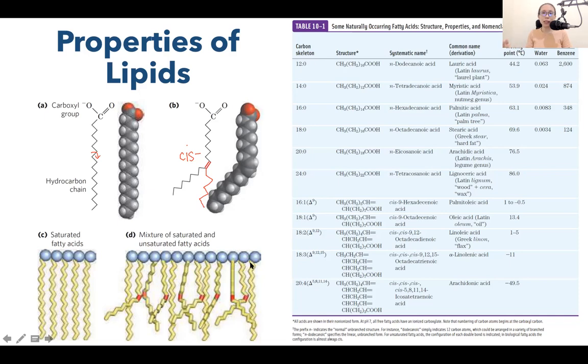Because of the spaces, they don't feel the intermolecular forces of attraction that much, so they cannot solidify and are liquid at room temperature.